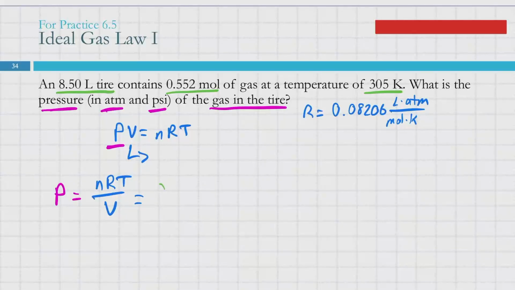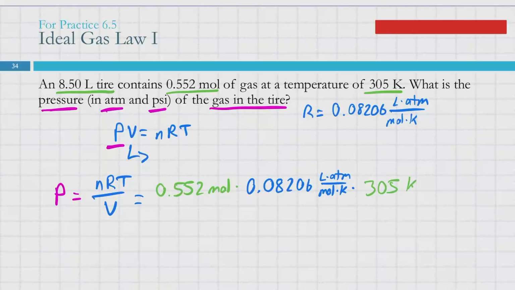So we plug in n, which is our number of moles, 0.552 moles, times R, with all of its fun units, and we've got T, and then on the bottom we've got our volume, 8.50 liters.